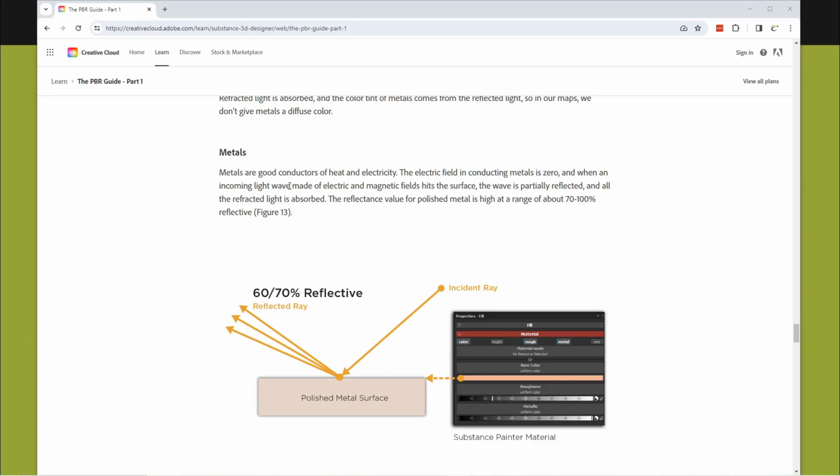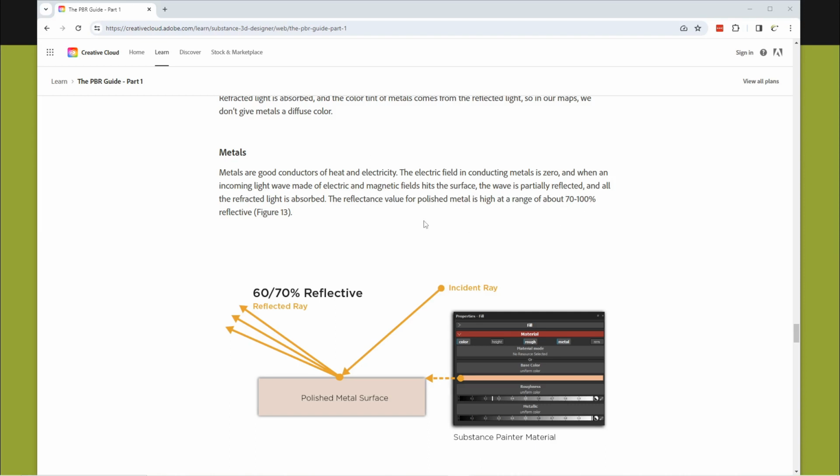Metals are a good conductor of heat and electricity. The electric field in conducting metals is zero, and when the incoming light wave made of electric and magnetic fields hits the surface, the wave is partially reflected and all the refracted light is absorbed. The reflectance value for polished metal is in a high range, 70 to 100%.